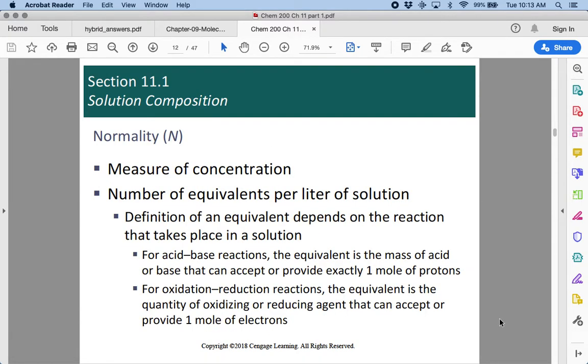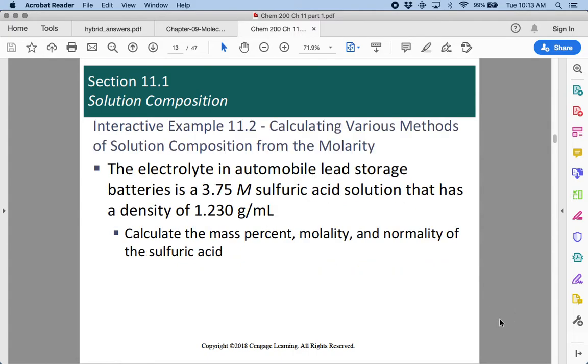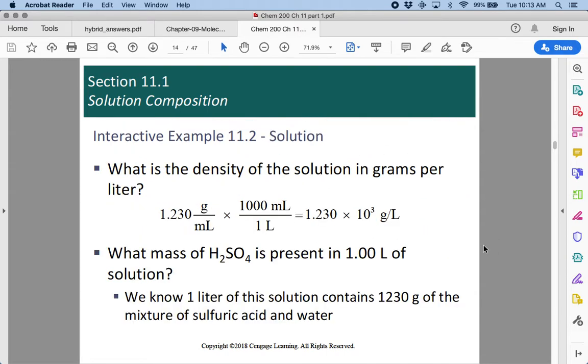One last type of equation that we use to deal with quantities of solutions and their composition would be normality. And this is done in equivalence. So an example that we have here is to calculate mass percent, molality, and normality of this sulfuric acid system.